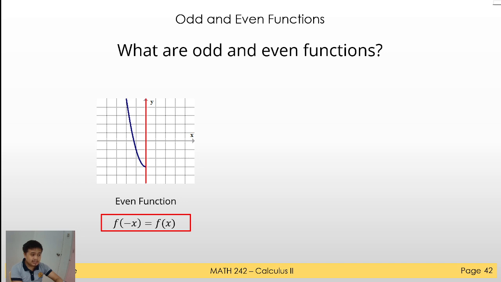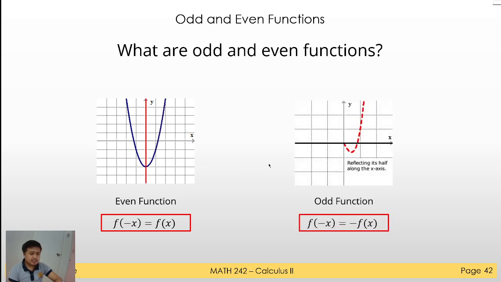One example of that is a parabola, or a parabolic curve, with a vertex at the y-axis. And its mathematical expression is f of negative x is equal to f of x.